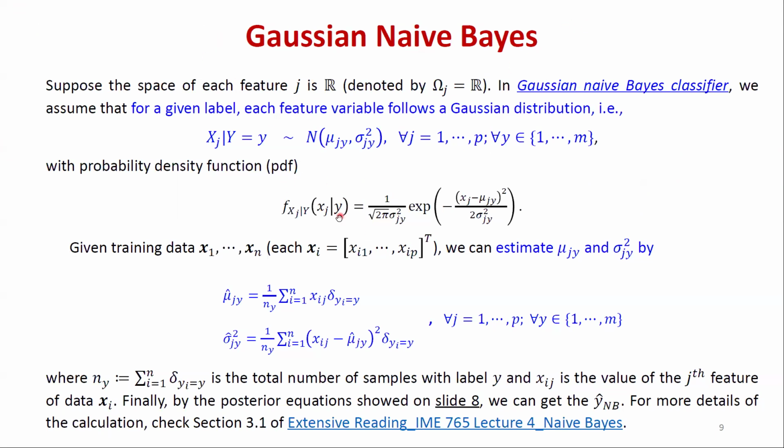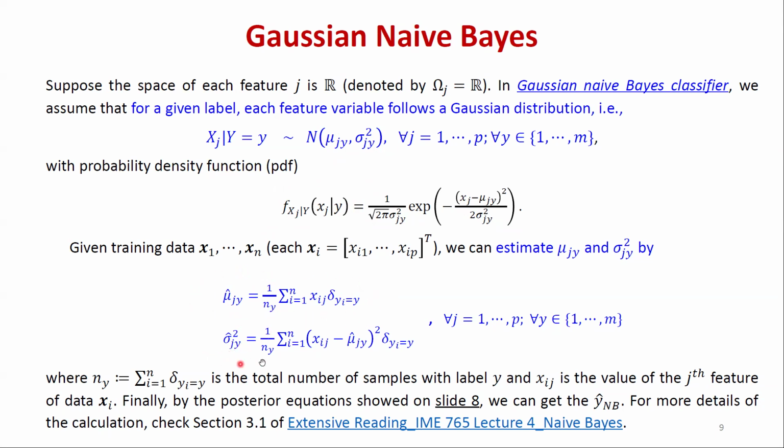And so for given y, we assume the mean is mu_jy and the variance is sigma_jy squared, and hence the PDF is this one. Then the question is, how would you estimate the mean and the variance? Simple, with the simplest statistics. For mu, the mean, we use the sample average to estimate it.